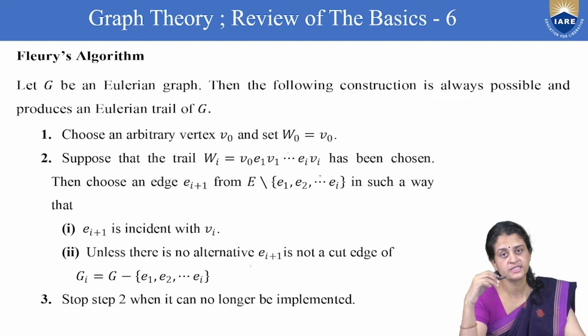If there is any opportunity to choose an edge which is not a cut edge, we have to choose that as Ei+1. Stop step 2 when it can no longer be implemented.